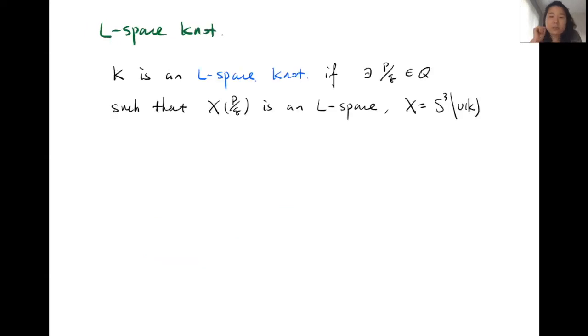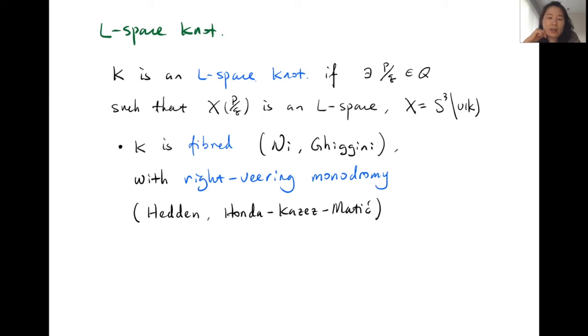For simplicity, I will restrict myself to L-space knots. A knot is called an L-space knot if there exists a finite slope such that surgery along p/q is an L-space. There are some properties of L-space knots which will be crucial for us. First, if K is an L-space knot, then it's fibered. Moreover, the monodromy of the complement of the knot is right-veering. A right-veering mapping class means the following.